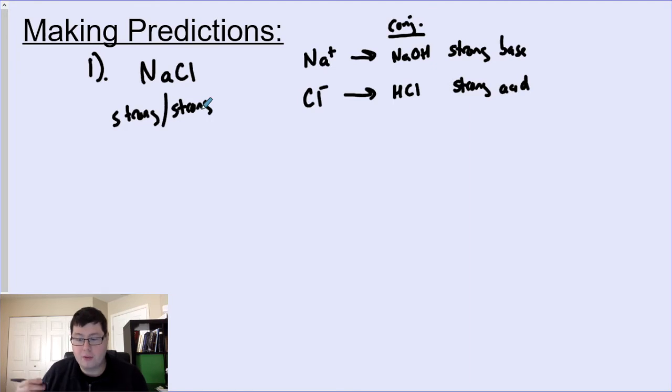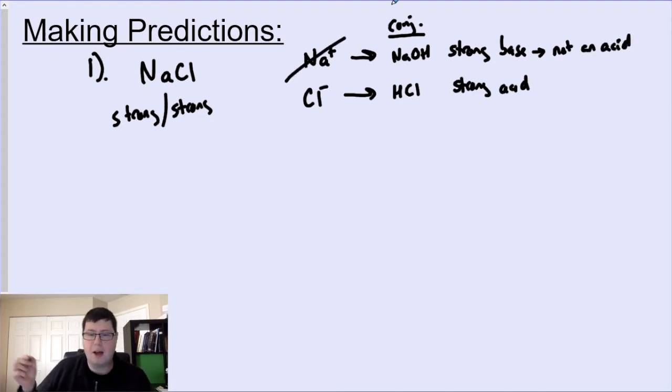And so if you have strong with strong, we've seen this kind of interplay that the stronger an acid or a base, the weaker its conjugate. So since you have a really strong base, we don't even say that its conjugate is really an acid at all. It's so weak, it doesn't really act as an acid. So a strong base produces not an acid in solution, and so the Na plus isn't going to do anything. It's just a spectator here.